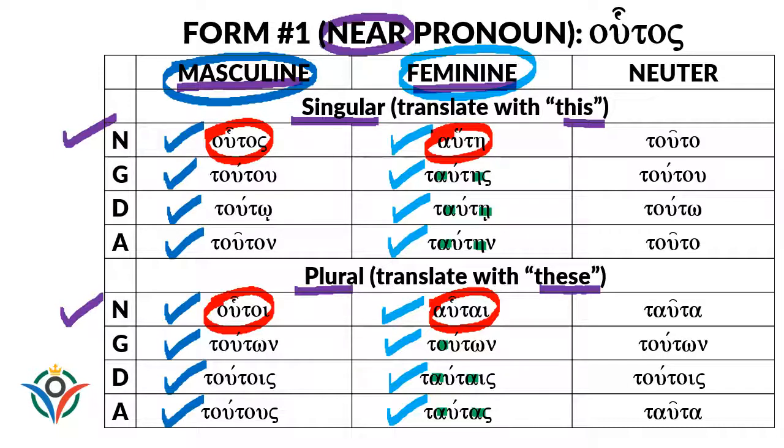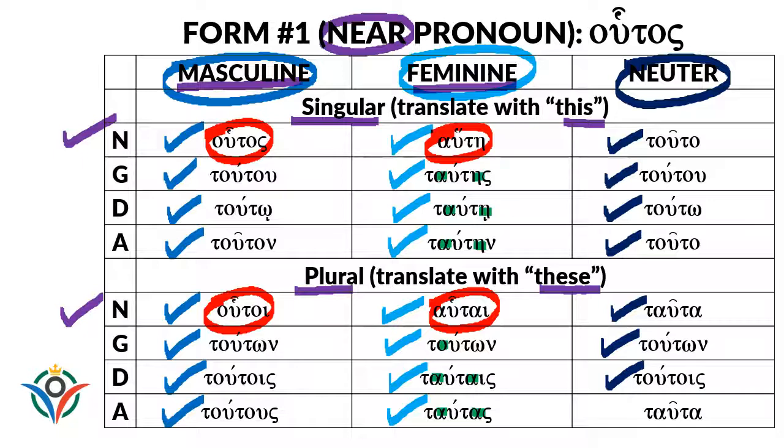And let's move on to the final gender, the neuter forms of houtos. The nominative is touto. The genitive, toutou. Dative, toutō. Accusative, touto. And then the plural forms, the nominative is tauta. Genitive, toutōn. Dative, toutois.